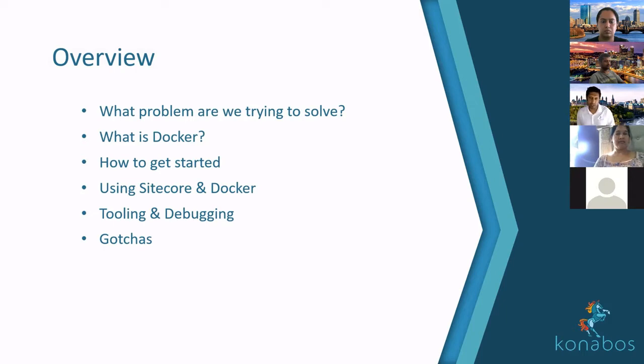We'll go through some tooling and some debugging, because that's probably the biggest issue, trying to figure out how you use your existing tooling and how that relates to Docker. I think looking at some of that tooling really helps ease your mind. And throughout the session, I'll point out a couple of gotchas that caught us out when we were starting with Docker as well.